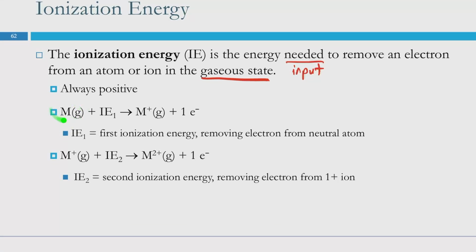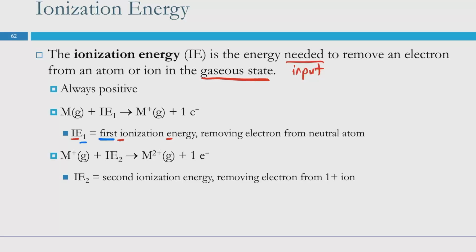So for a metal plus an ionization energy, it goes to M plus and 1 electron, and that's the first ionization energy. So the IE for ionization energy and the 1 for first. And you can do it again.